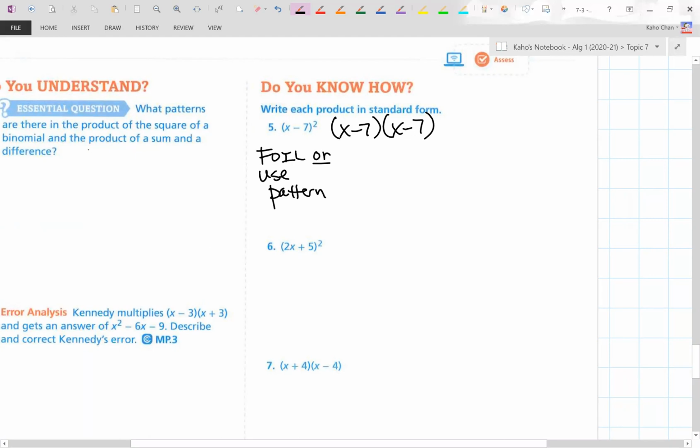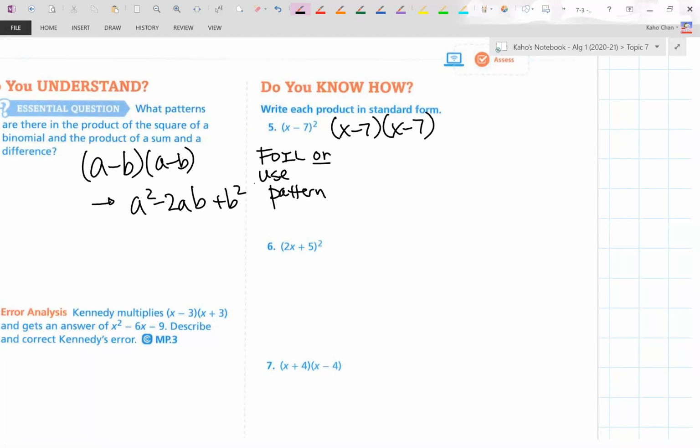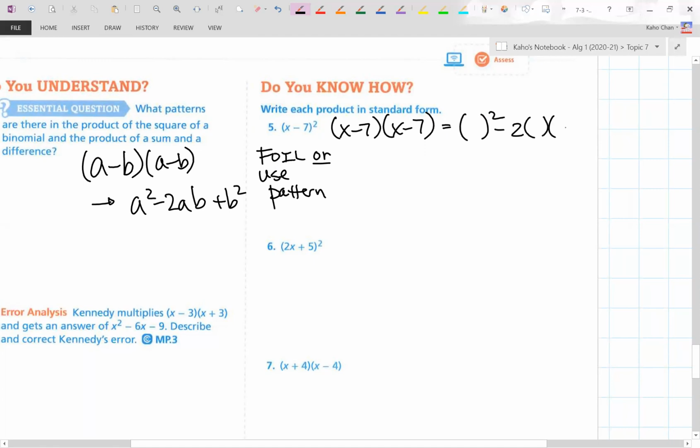But in this case, A minus B times A minus B is A squared minus 2AB plus B squared. That's the pattern for this particular problem. You can put it in if you want to, or you can FOIL it. But here's the pattern. A squared minus 2AB plus B squared.